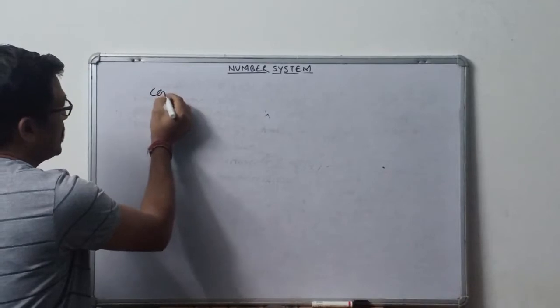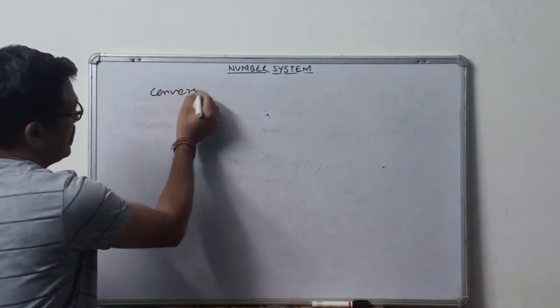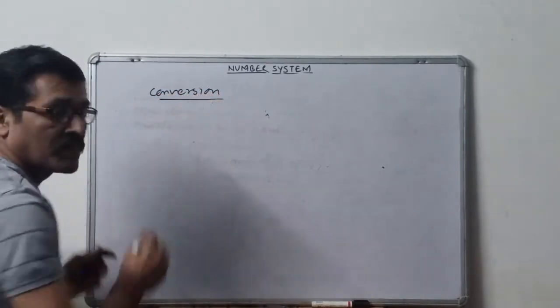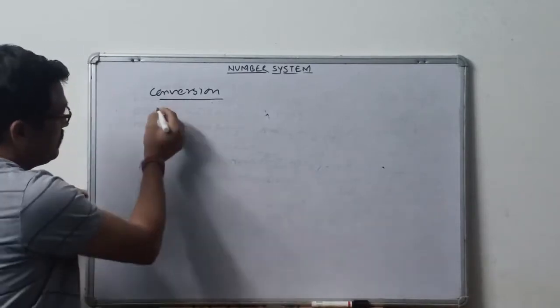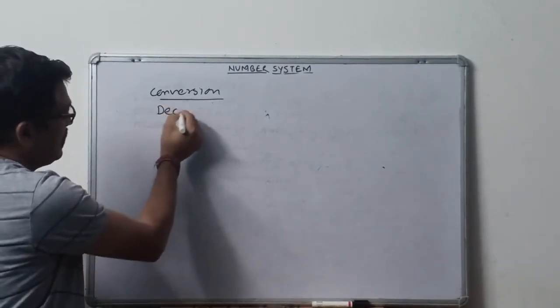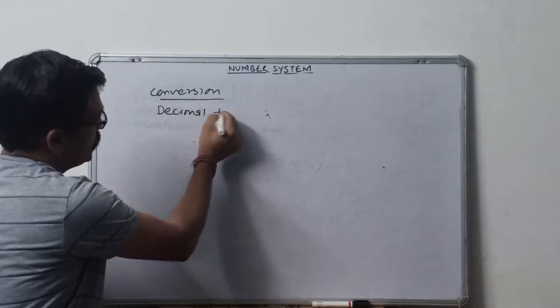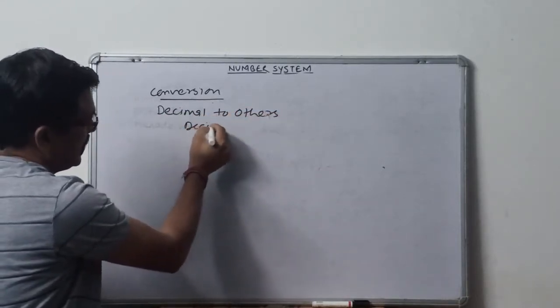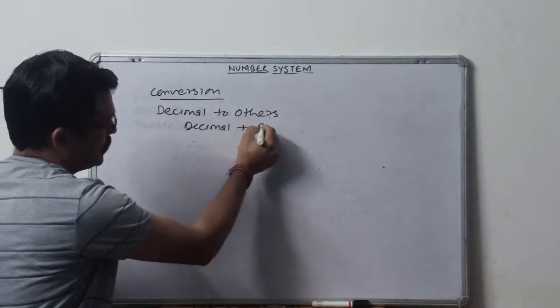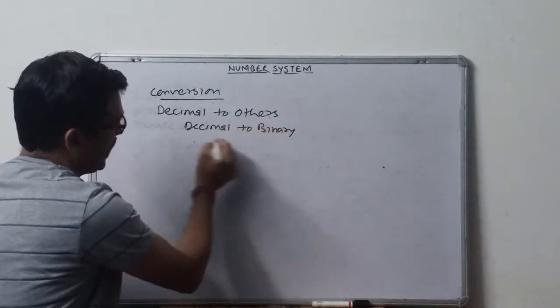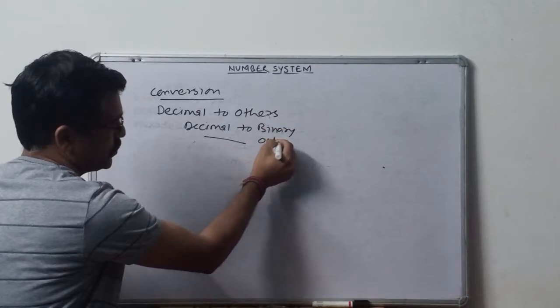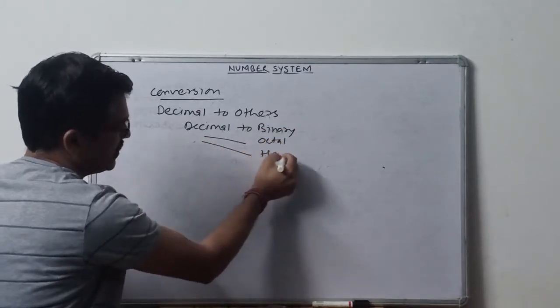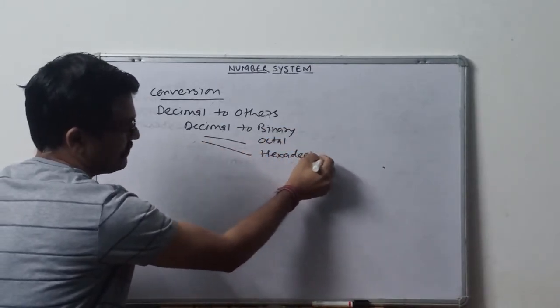When we start conversion, we'll start from decimal to others. Means decimal to binary, decimal to octal, and decimal to hexadecimal.